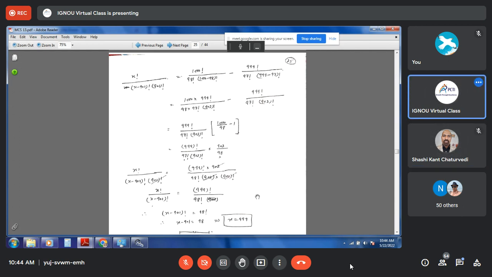This is the answer. These are the basics of permutations and combinations. All the things which you are doing are from your booklets, written in your booklets. The difference is that the solutions are very much shortcuts.